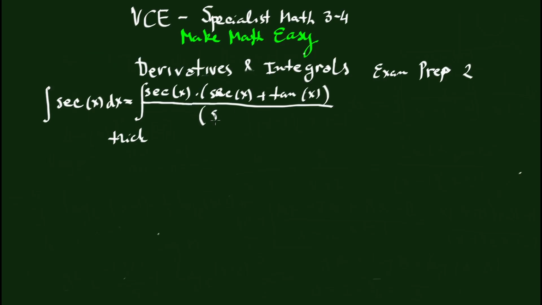You divide by the same: secant of x plus tangent of x. And you know nothing will happen when you multiply and divide by the same.